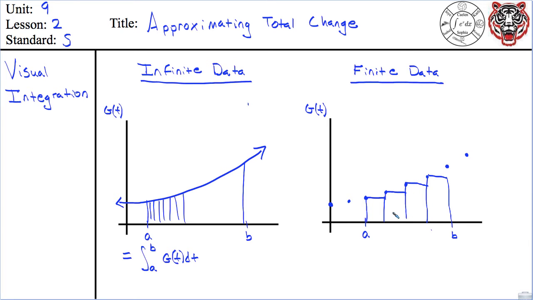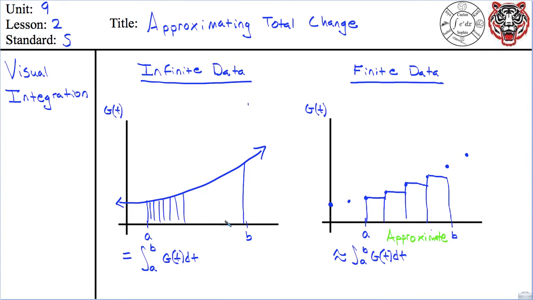So when I do this with finite data, this is going to be an approximate estimate. So I'll write approximate here. And therefore it's going to be, with this symbol, approximately the integral between A and B of G of t dt.